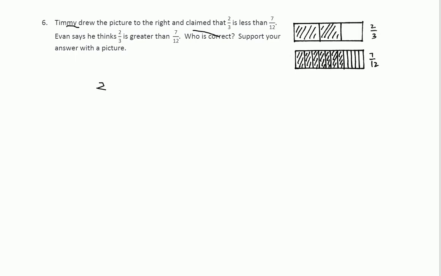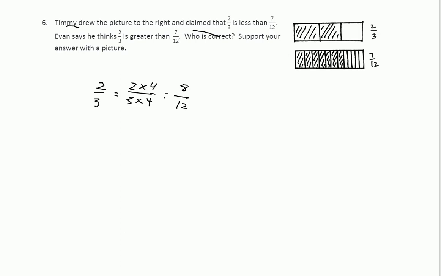If we have 2/3, okay, and then we could change that into 12s. Well, how would I do that? I would multiply the numerator and the denominator by the same number to give me 12s, which would be 3 times 4 and 2 times 4. So 2 times 4 is going to be 8, and 3 times 4 is going to be 12.